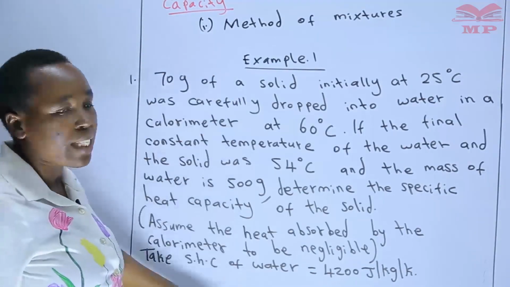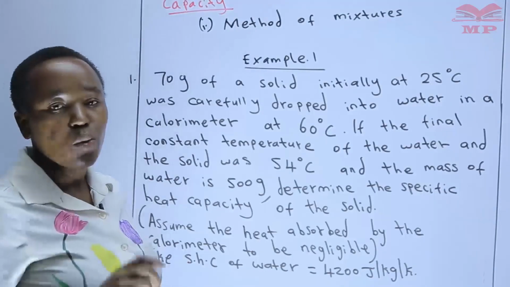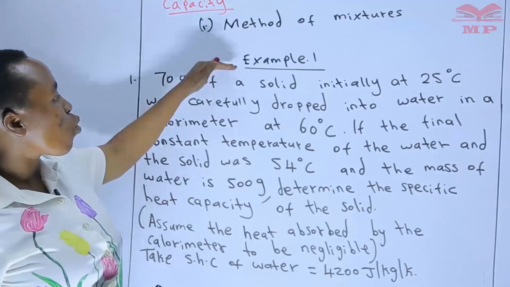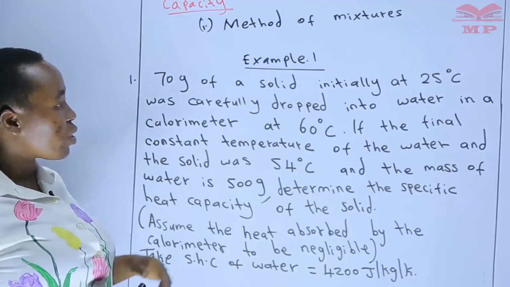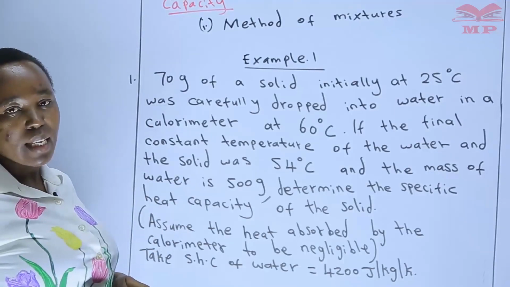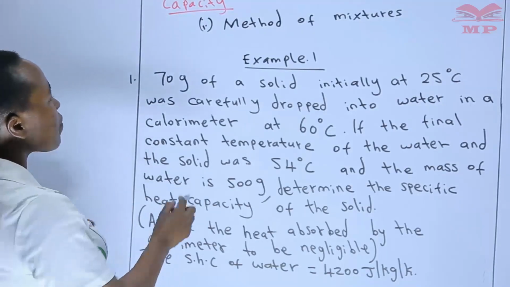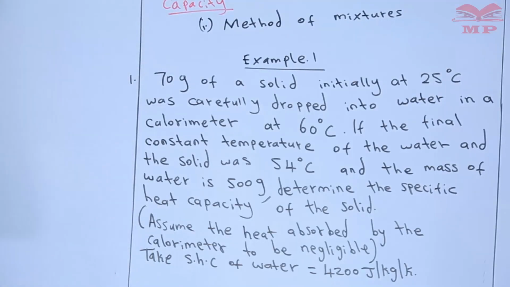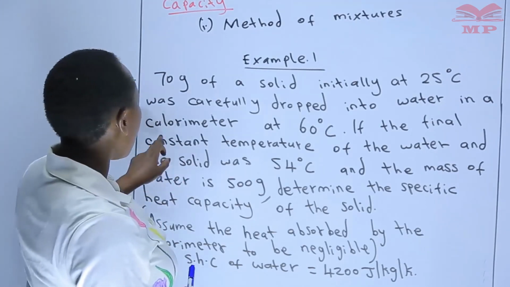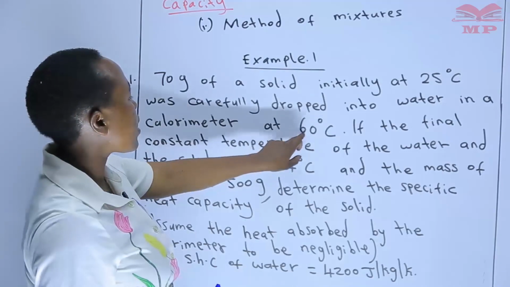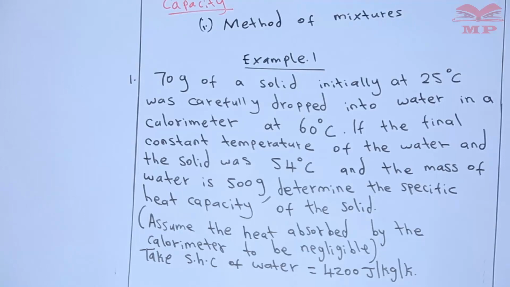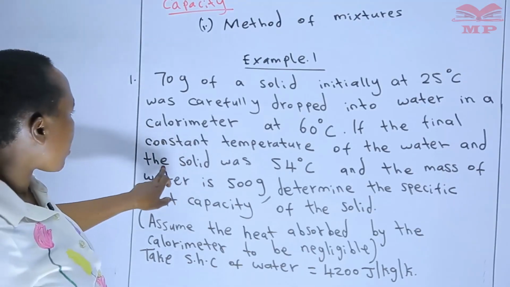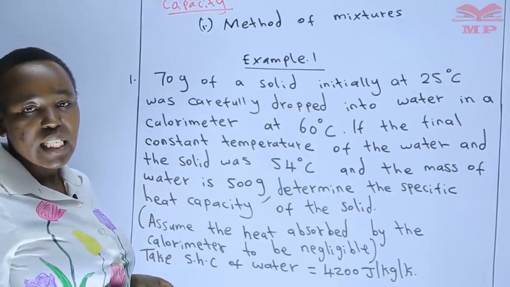Now, whenever you are given such a question, the first thing that you need to ask yourself is, what is losing heat in this question and what is gaining that heat which has been lost by the other substance? So like in this question, we are having a solid initially at 25 degrees Celsius, which is being dropped into water in a calorimeter at 60 degrees Celsius. And then we are told that the final constant temperature of water and the solid was 54 degrees Celsius.